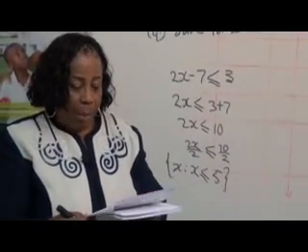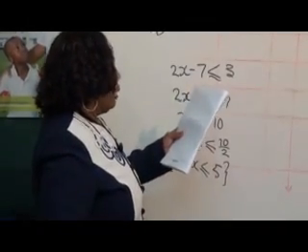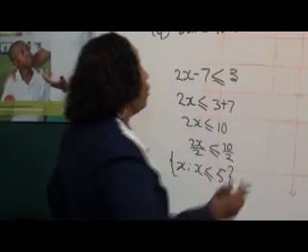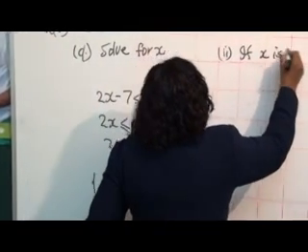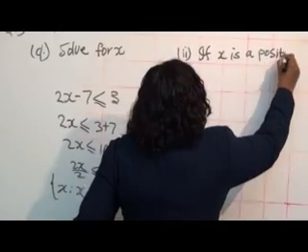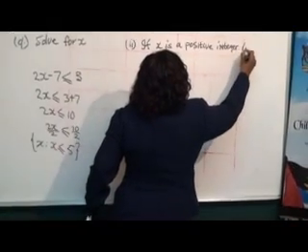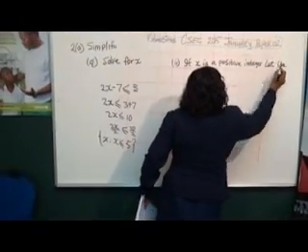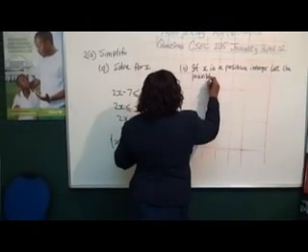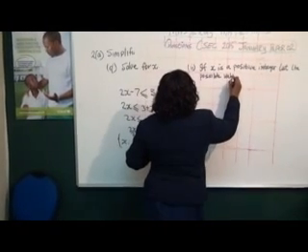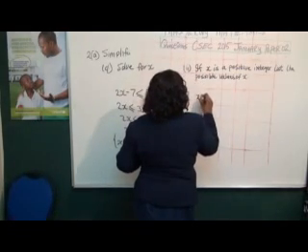And then to go with this, the second part says if x is a positive integer, list the possible values of x. And our answer would be the set of x.